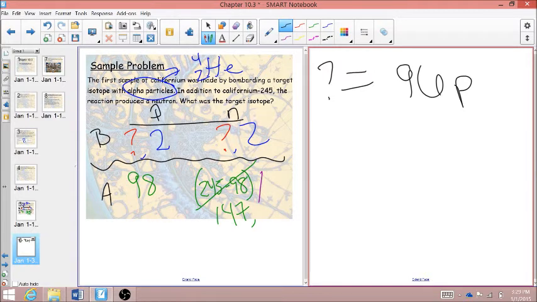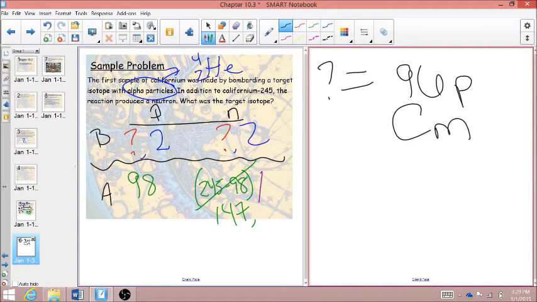Now, if you look at the periodic table again, 96 is curium, symbol Cm. So we know that in order to make californium-245, scientists took a certain isotope of curium and hit it with alpha particles. Now we have to figure out what type of isotope of curium they were using.